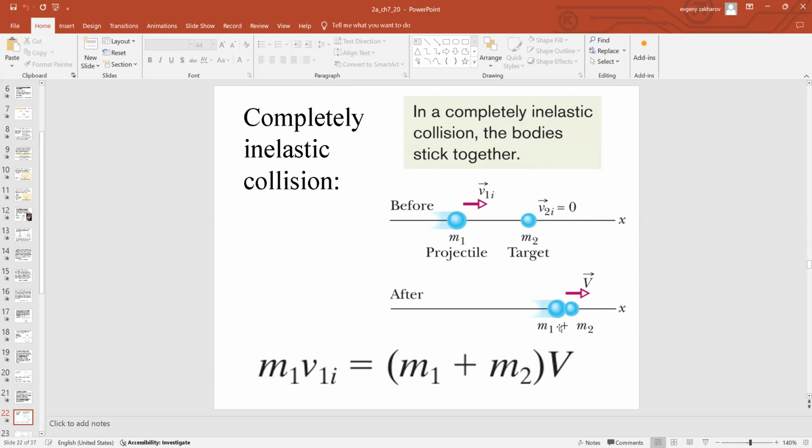And after the collision, you got m1 plus m2, and they move with the same velocity in that same x direction. So this is your P sub x before and P sub x after statements that you set equal to each other, because for every collision, momentum is conserved.